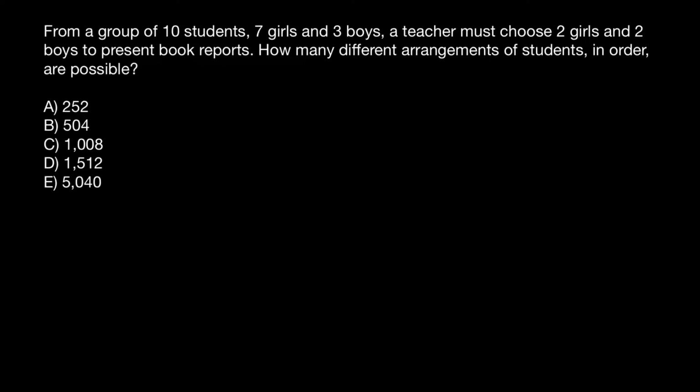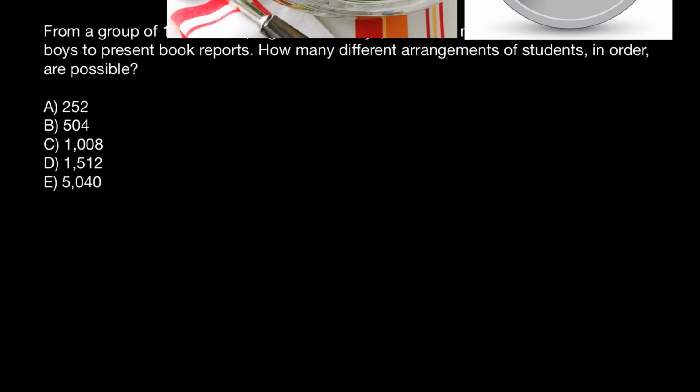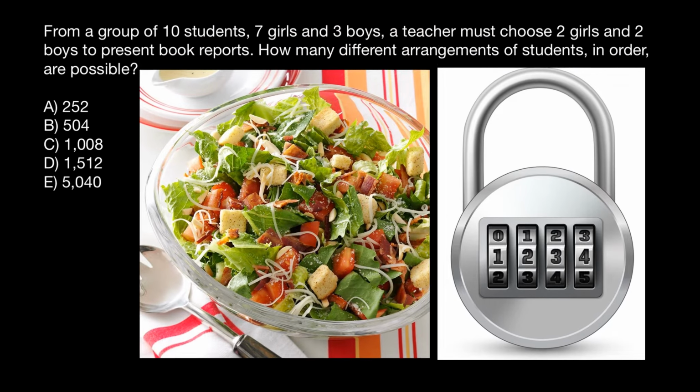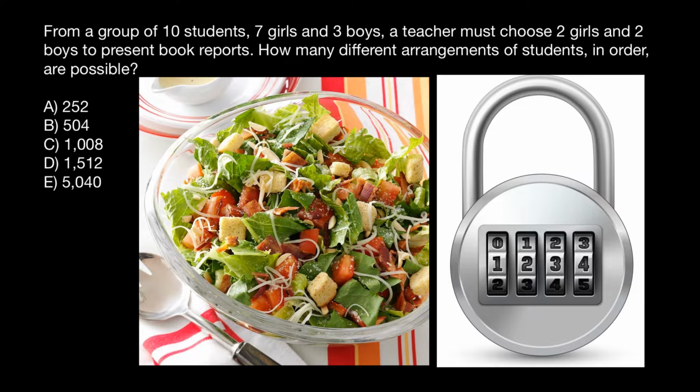So let me first show you these two pictures. Looking at these two pictures, it would be easy to understand the difference between combinations and permutations. For example, the salad here on the left is a good representation of combinations.